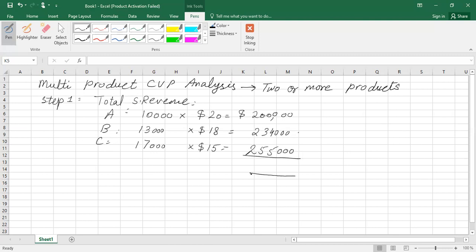So in step number one, add all these revenues and calculate the total sales revenue. Total sales revenue is 689,000.